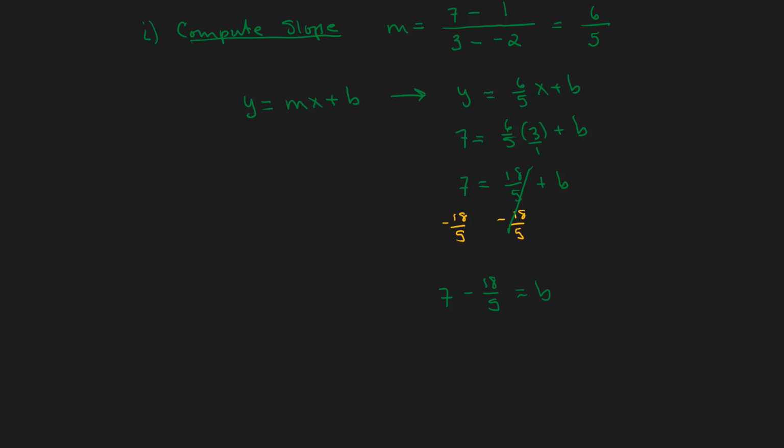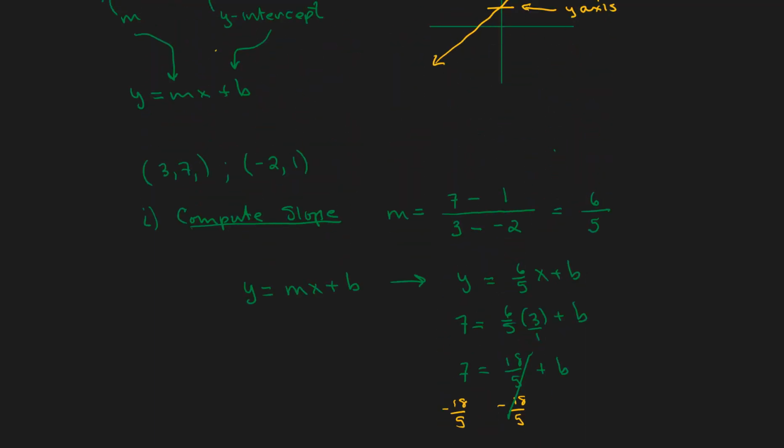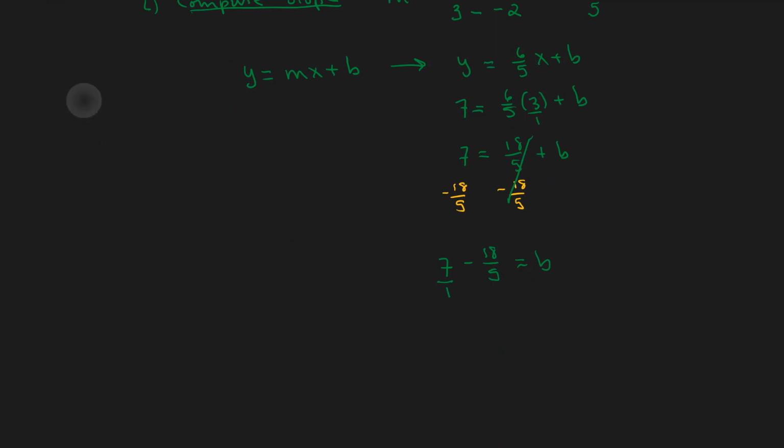On the left-hand side, to combine these two fractions, I need a common denominator. A lot of people look at 7 and say, it doesn't have a denominator. It does. Its denominator is 1. To get a common denominator of 5, we need a 5 in the denominator.